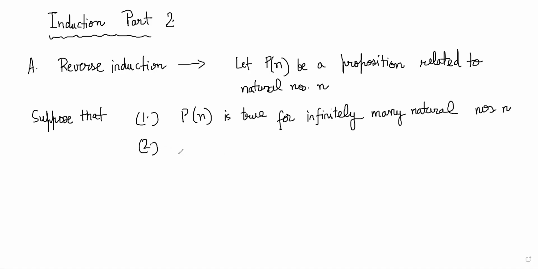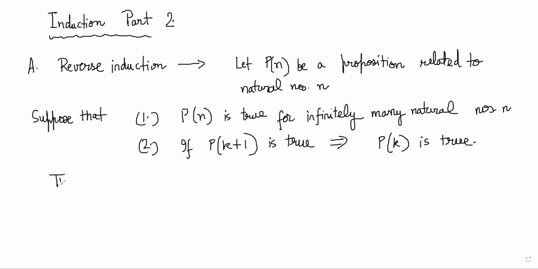And the second assumption is if P of k plus 1 is true, then that implies that P of k is true. Okay. So then we can say that P of n is true for all natural numbers.